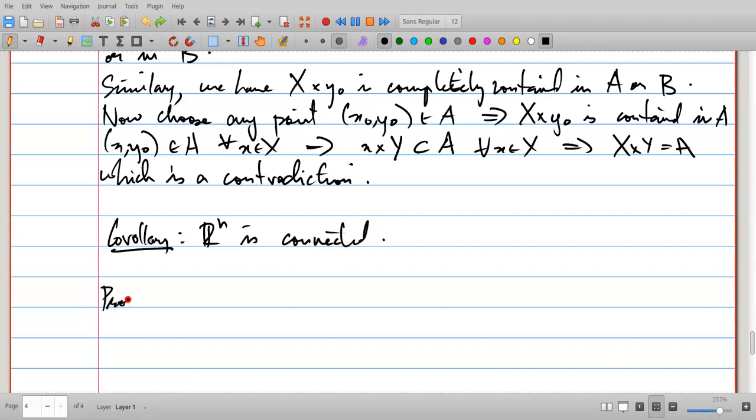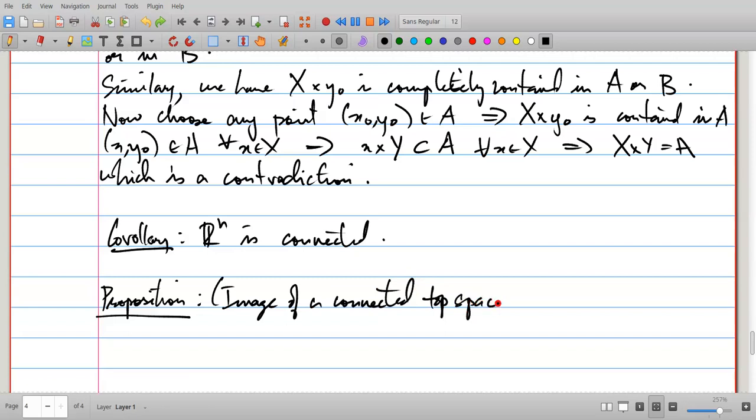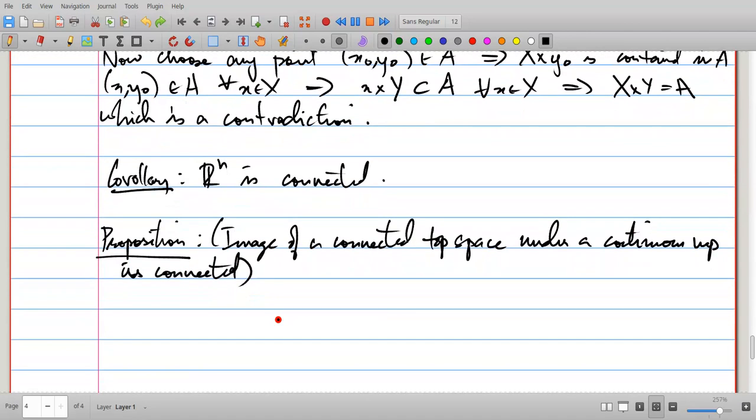And a proposition. So this proposition states that the image of a connected topological space under a continuous map is connected. So let f from X to Y be a continuous map.